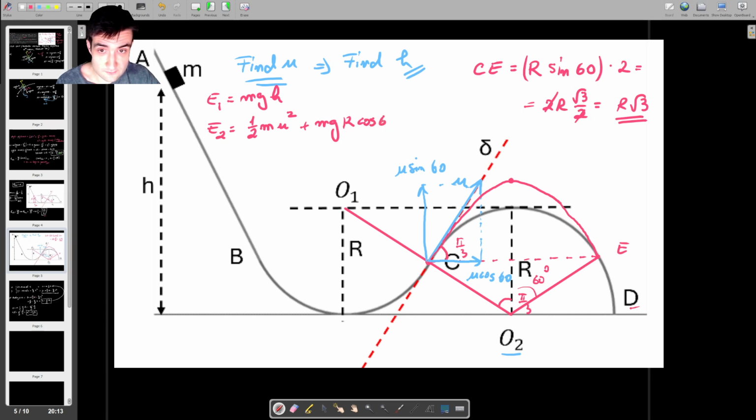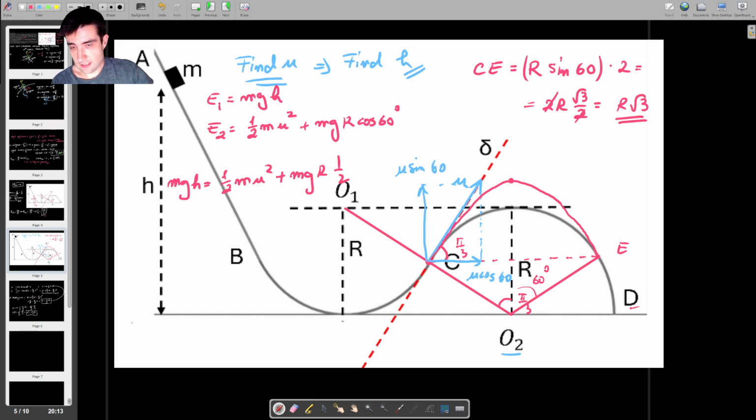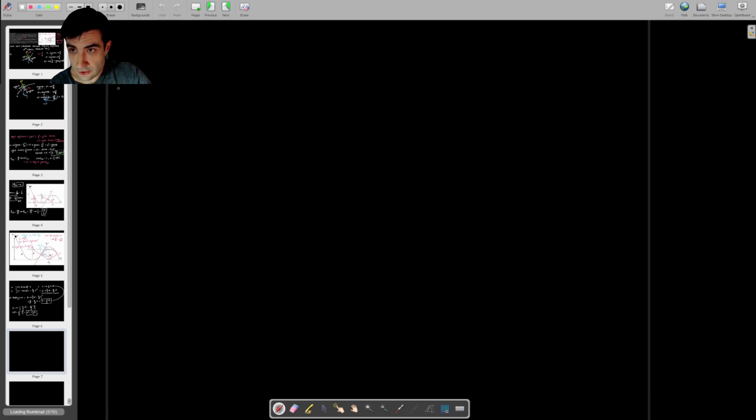So that's cosine of 60, and I think we're almost done. So we have mgh is 1/2 mu squared plus mg r times 1/2, and that gives us, okay, let's do it on a separate page actually.